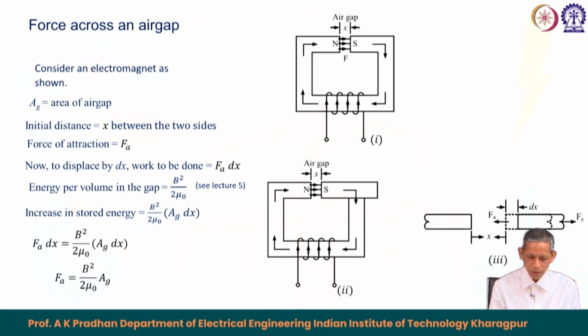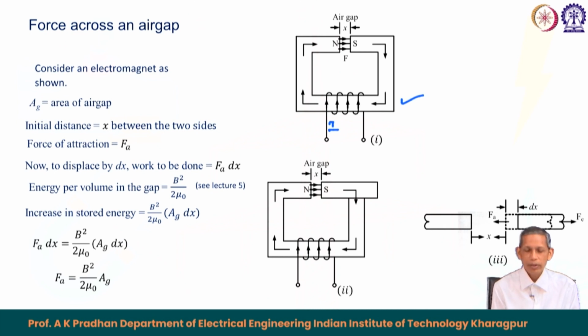So, this is an electromagnet having a magnetic coil with N number of turns, and we are providing a current I to this electromagnet, and let us say we have an air gap.